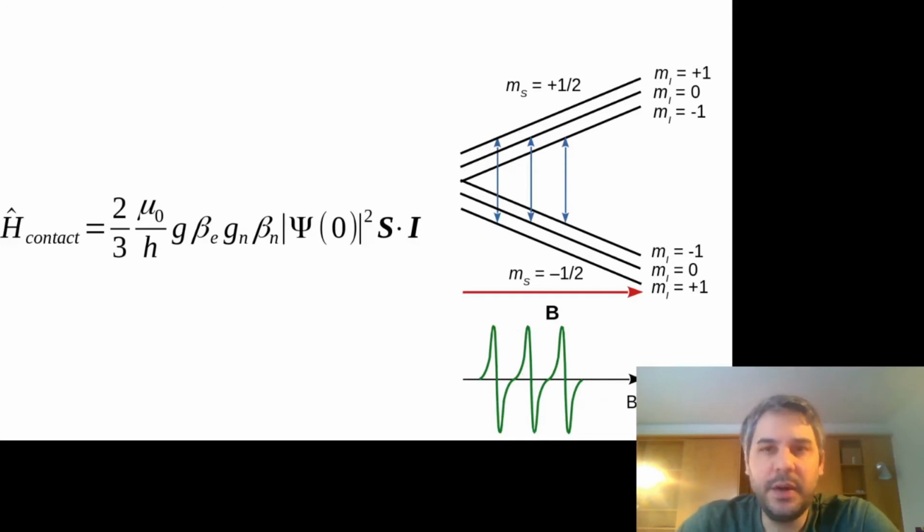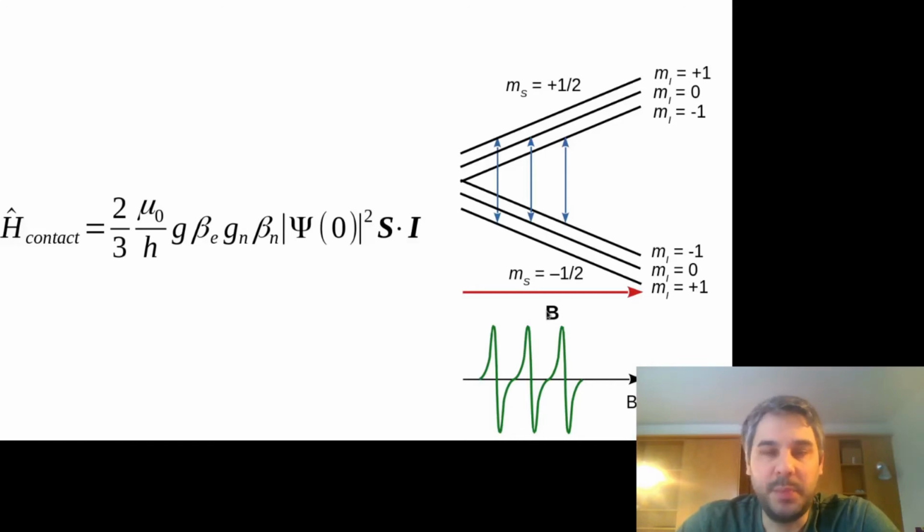In the first video, I showed that the signals were an absorption, but in EPR, it is usual for instrumental reasons to measure the derivative of the absorption. So the derivative of the absorption has this shape that first increases and then decreases.